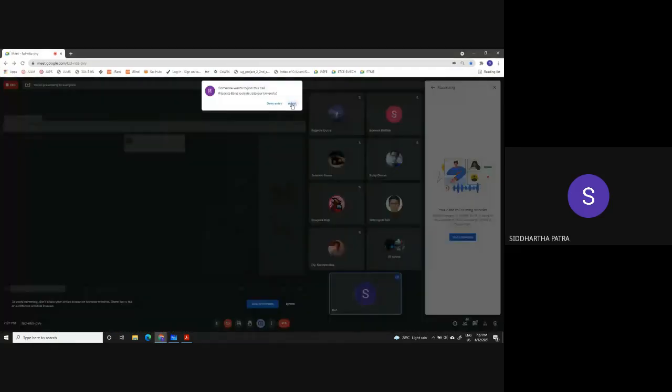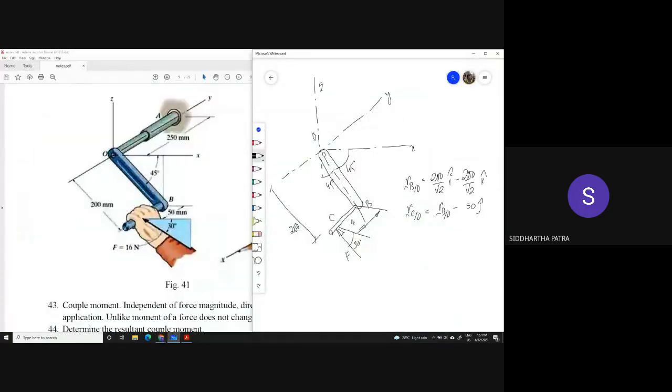But let me tell you this, because we know that we are free to take any arbitrary point on the axis, what I would do is take a point which is 50 millimeters ahead of point O and is on the y-axis, which basically means, let's call that point D. So basically R_C with respect to D would be R_B with respect to O.